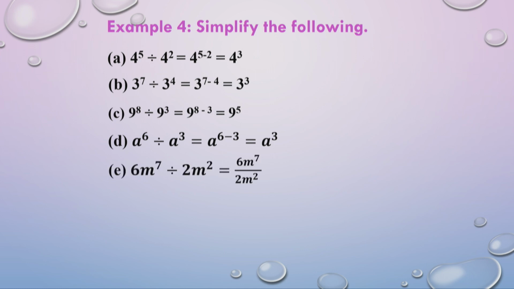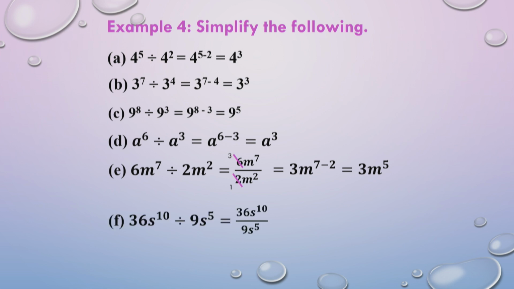This one, 6m power 7 divided by 2m square. So I have written it as a fraction, 6m power 7 over 2m square. And we can see that I can divide by 2. 6 divided by 2 will give me 3. Now m power 7 divided by m power 2 will give me m to the power of 5. So the answer will be 3m power 5.